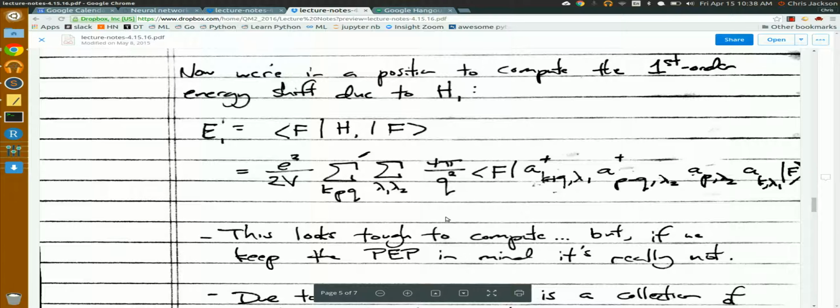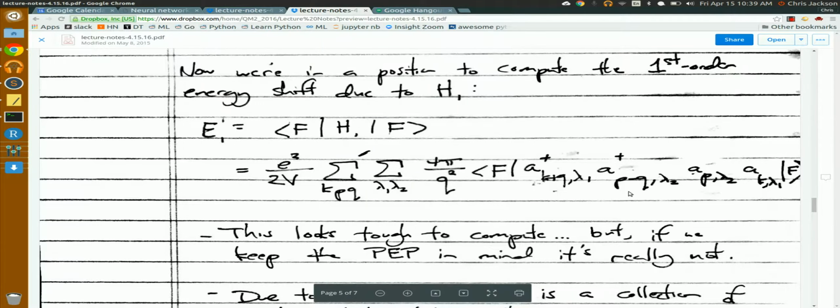I have 4 pi over the momentum transfer squared, and then I have the sandwich of our ground states on this operator, the string of annihilation and creation operators. Remember, these have subscripts that tell us that this annihilates a particle with momentum k and spin lambda 1.